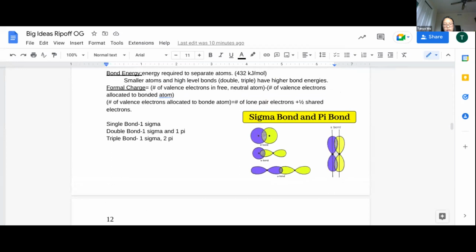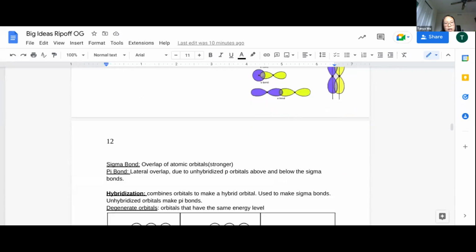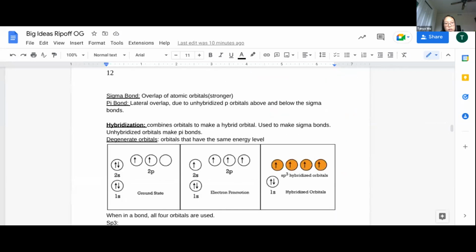So a double bond is like there might be one bond between two different atoms, but lots of times there are two or three, depending on the number of electrons that they have. Sigma bonds are direct overlap. Pi bonds are just lateral.